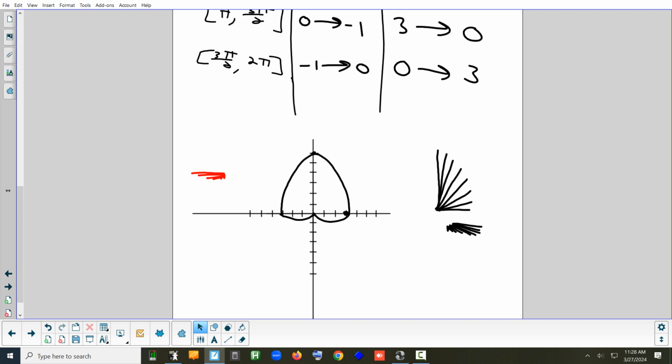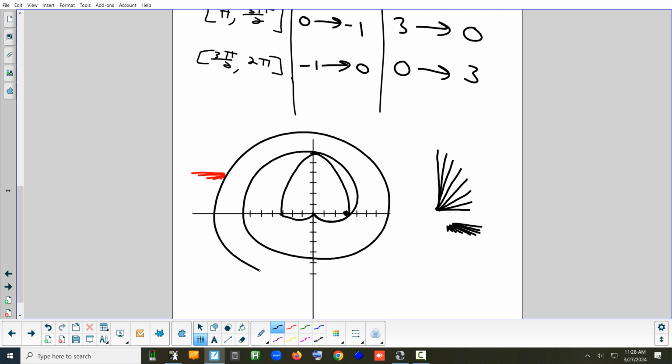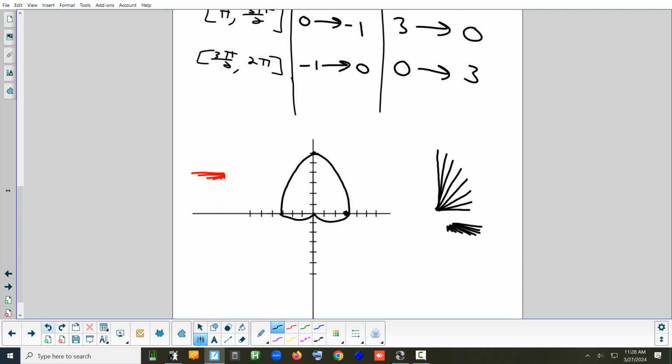So if you just drew a straight line, that wouldn't represent taking a point and having it rotate. It's like it's almost spiraling. It's not quite spiraling, but as you rotate, it's going out further and further. So it's not like a full spiral, but that little section is acting like a spiral. It wouldn't be straight.